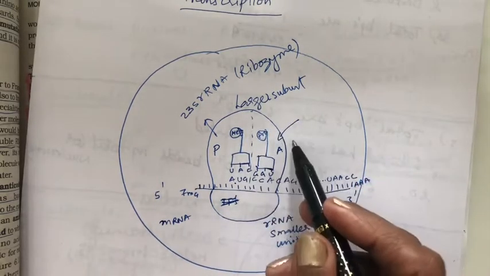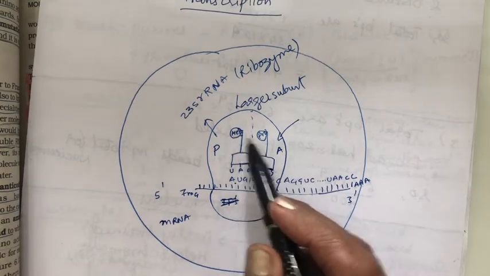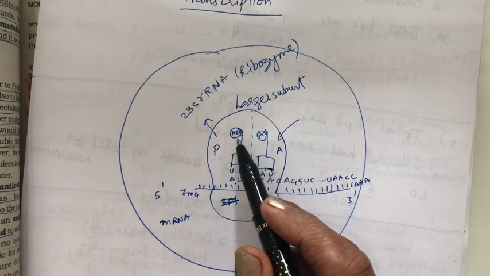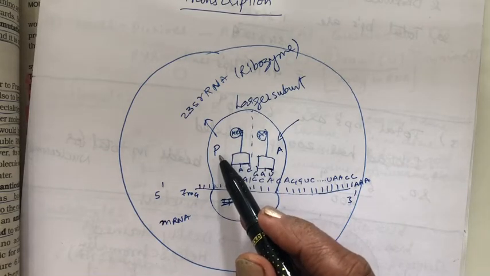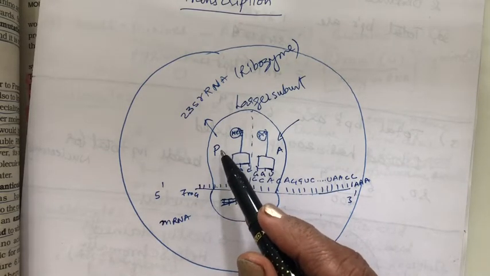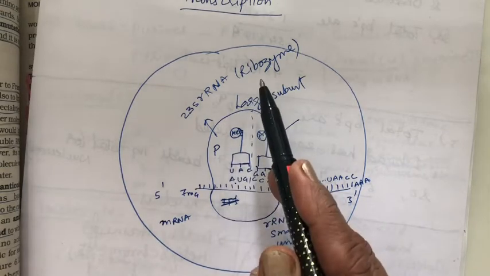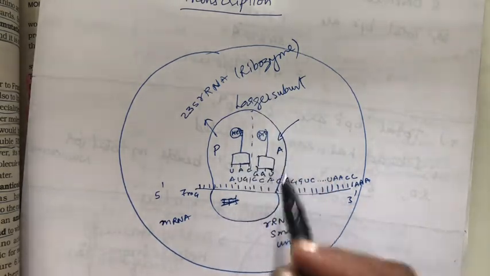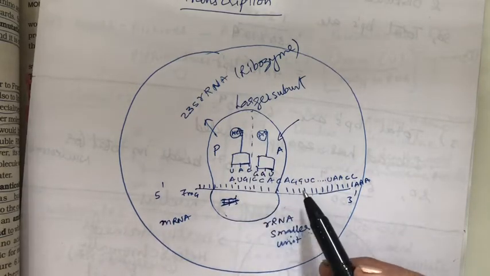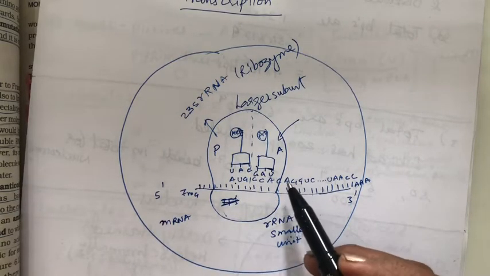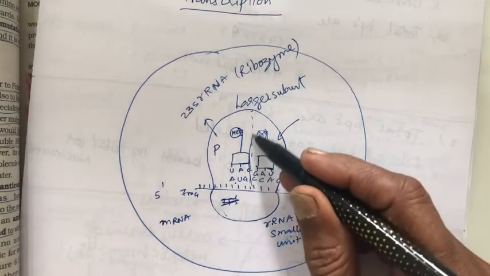As soon as the A site is filled, the two amino acids are linked automatically by the peptide bond, and the enzyme acting as a catalyst is the peptidyl transferase, the ribozyme. The whole system shifts one step ahead. That means it will be like this.